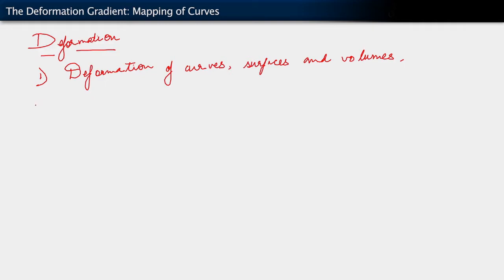The next thing we will go on to is talking about measures of strain. Right, and this for now simply means how do we define strain. The next thing we'll do is talk about a very important idea called the polar decomposition.